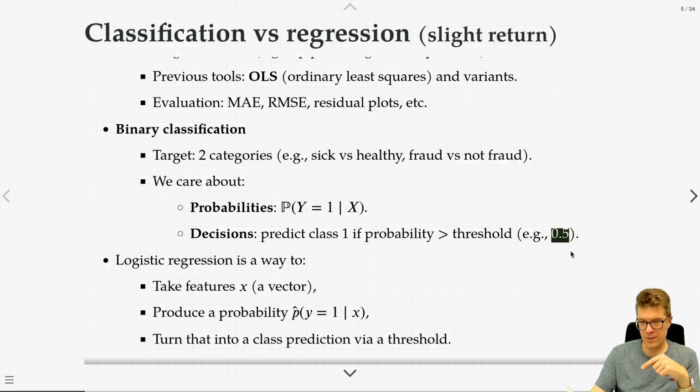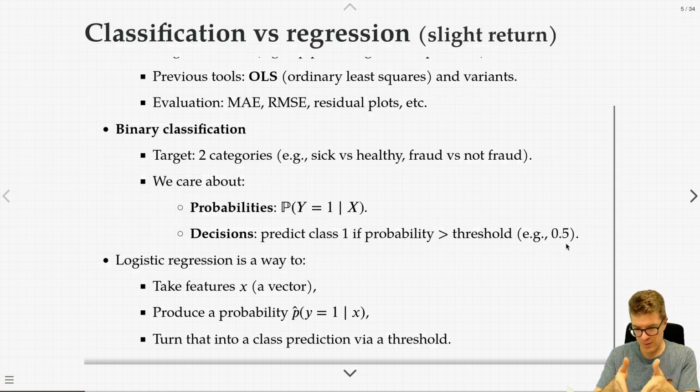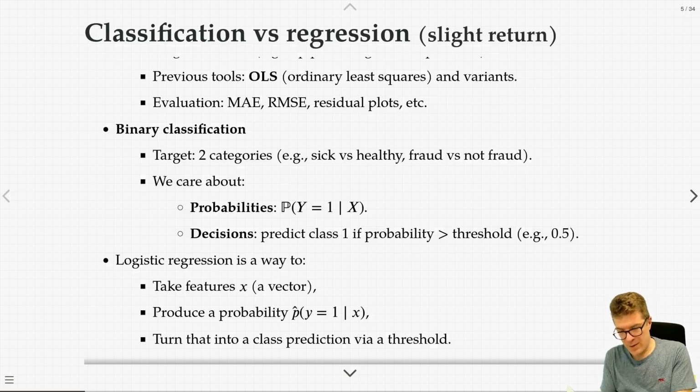We can say, if the probability of the data point belonging to class 1 is above 50%, then we can say it's class 1. And if the probability that this observation is class 1 is less than 50%, then we can say it's class 0. Okay? I'll say that again just to make sure you get it. I'm trying to say what is the probability that this is a positive case that I'm looking at.